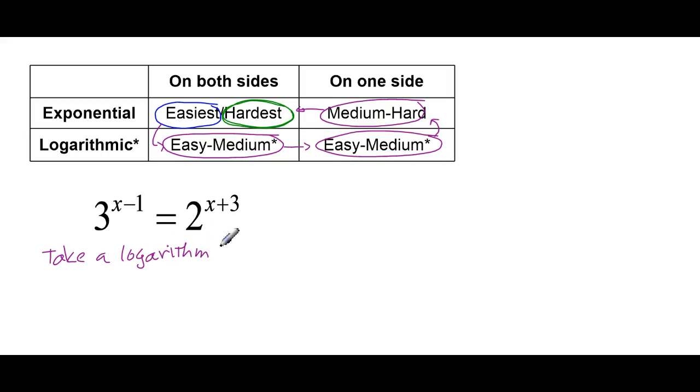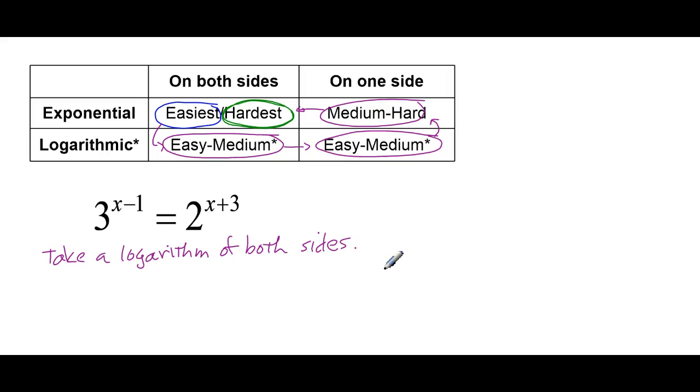Now, while you're thinking of that, realize that when we say a logarithm, there are a lot of logarithms. I mean, there's log base 2, log base 3, log base e, log base 10, all sorts of different logarithms. And if you're looking at this equation and you really understand how logarithms work, you might be tempted to use a logarithm either base 3 or base 2.